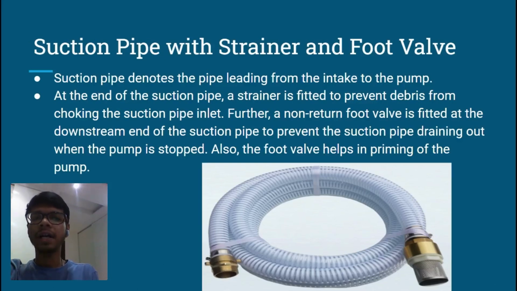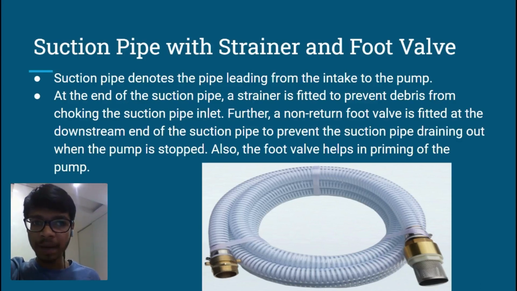Moving forward and discussing the suction pipe with strainer and foot valve. So the suction pipe denotes the pipe leading from the intake to the pump. If the intake is a sump situated below the level of the pump, the suction pipe will be subjected to vacuum pressures, and hence airtight fittings are a necessity.